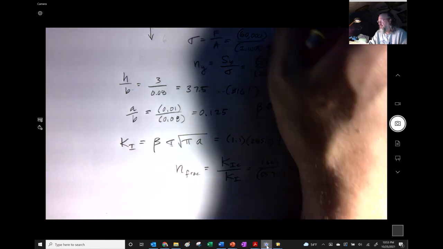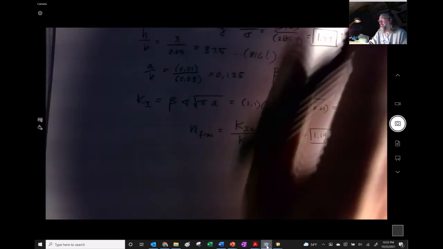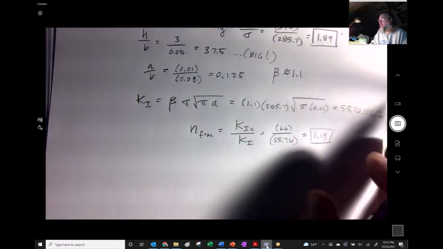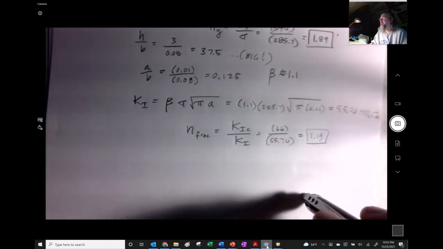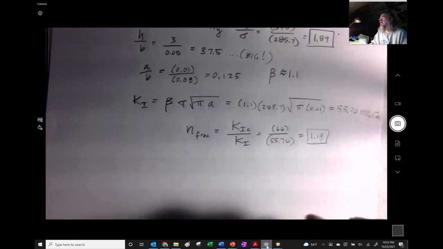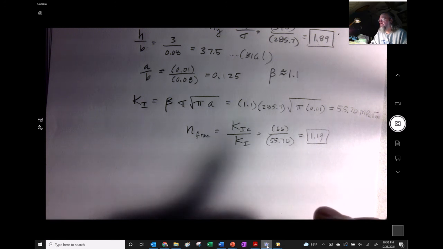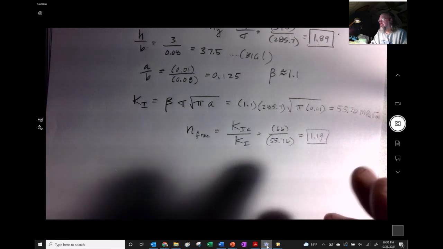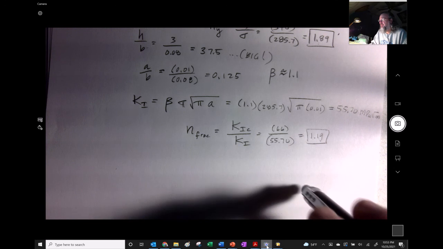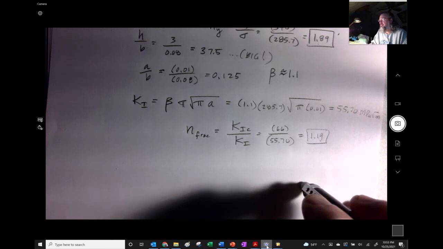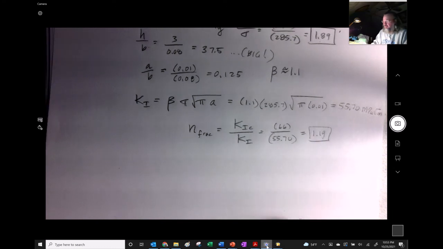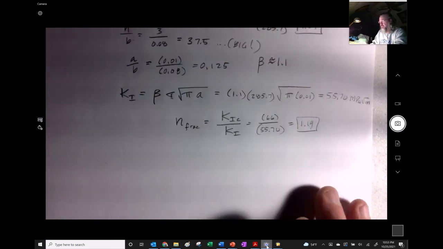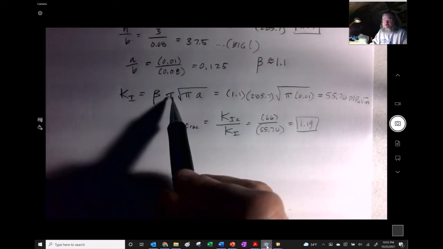Now we want to estimate, it says the last part of this was, how large could the crack get before it fails? That's a little tough. I think I overcomplicated the other part of the thing because I started to use the wrong stress for this.